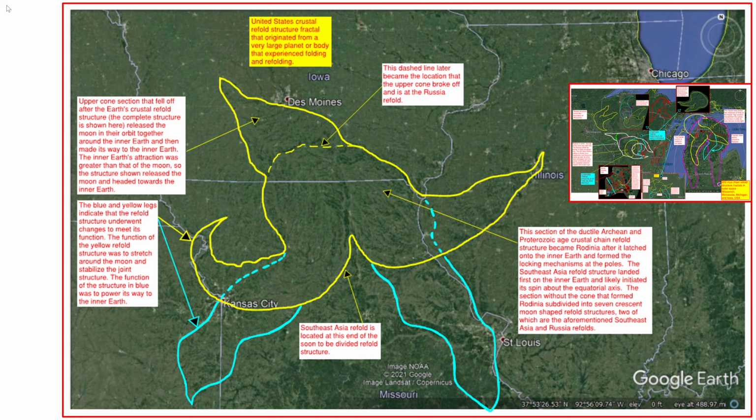Okay, this fractal is in Iowa, Missouri, and Illinois, basically, and it shows Rodinia. We talked about this one before. This is after it releases the Earth's moon below, and there's that snapback. Interesting here, you can see the fractal feet match on this yellow one. It shows a multi-phase thing. If you look at the bottom here, it almost looks like flippers.